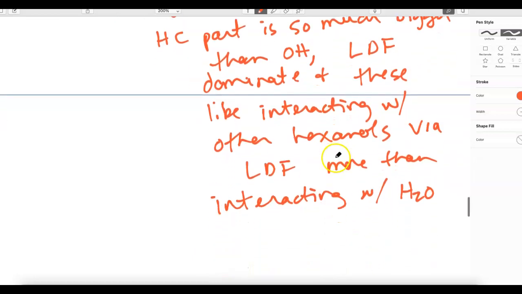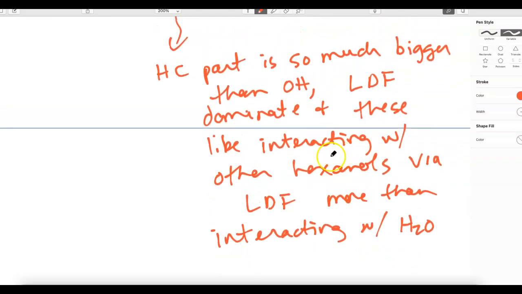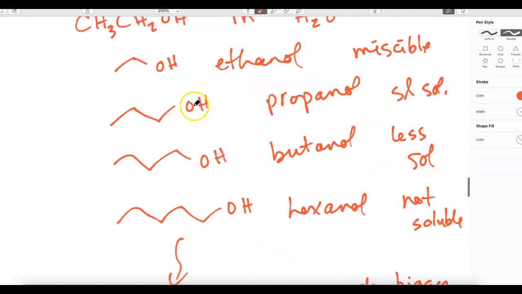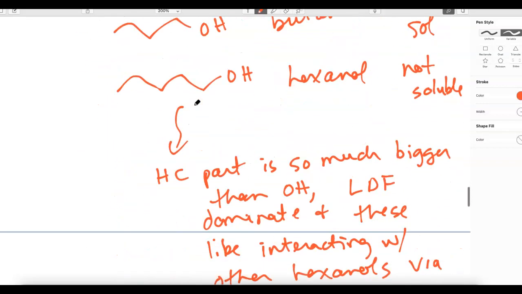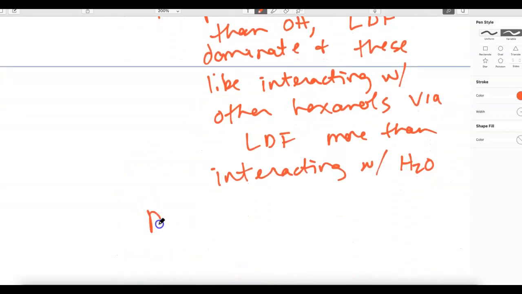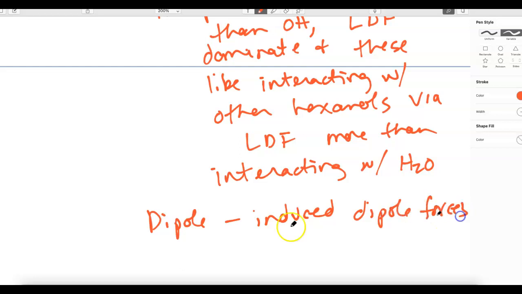And so you need to be comfortable with those kinds of ideas in terms of solubility. So these would all interact by hydrogen bonding, but there's also some dipole-induced dipole forces with the hydrocarbon part.